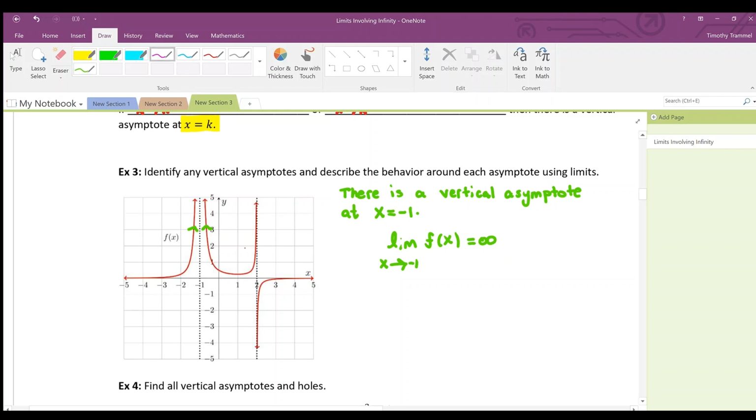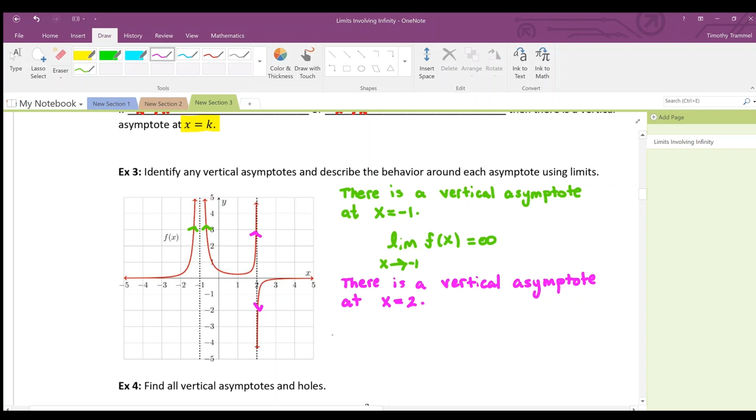Now, some of these might require two limits. For instance, this second asymptote at x equals 2, on one side it's increasing without bound, and on the other it's decreasing without bound. So we do have another one, but we're going to need two limits to describe it. So there is a vertical asymptote at x equals 2.